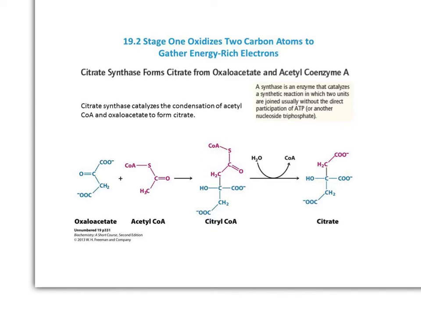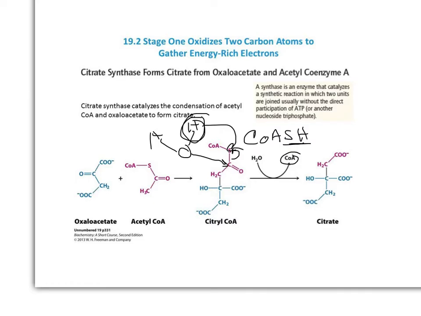Hydrolysis looks like this: you have your water molecule here, and it attacks here, and that leaves. And from a stoichiometric point of view, one of these protons gets transferred to the CoA to form CoASH.